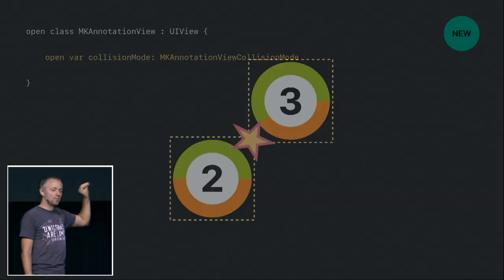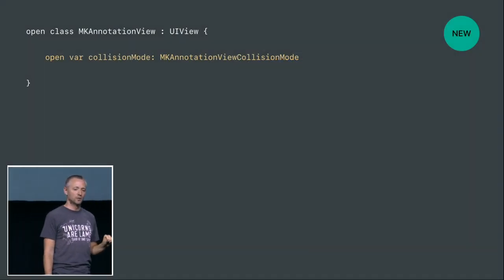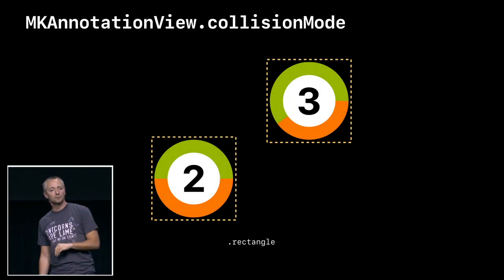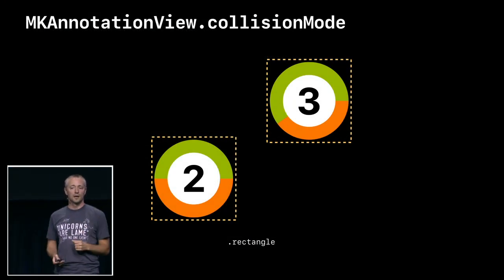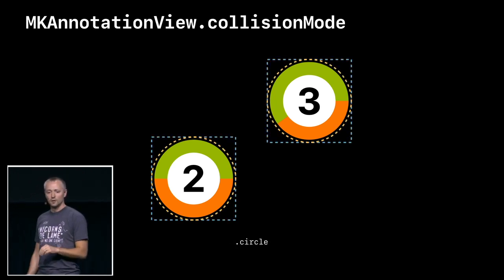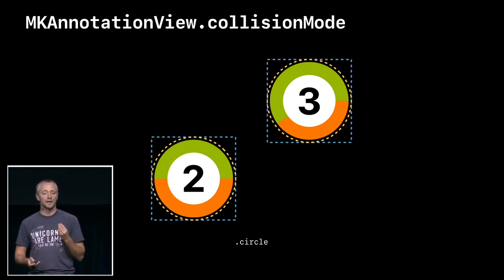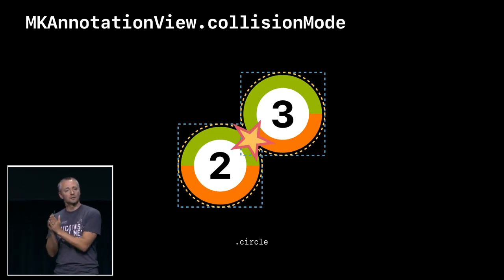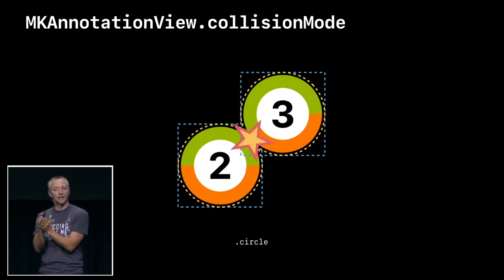So we add one more property on annotation view. We call it collision mode. The default value is rectangle, so we just use the frame. The other option we have is circle, where we use the inscribed circle of the frame for the annotation. And now when we move them together, they detect the collision when they are visually colliding.